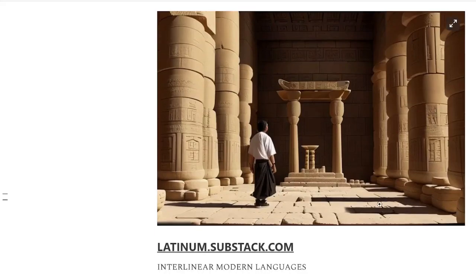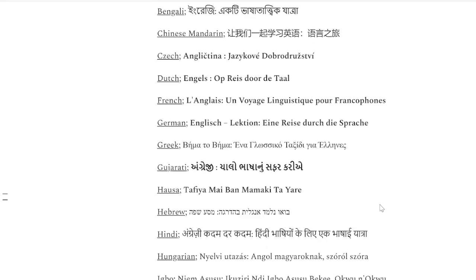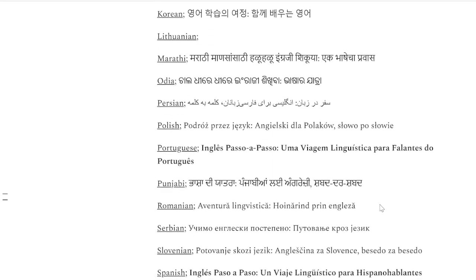And then below that we have all the modern languages. And some of these have got fewer lessons, some more. I'm constantly creating more content. And as you can see, it's quite an extensive list of languages.